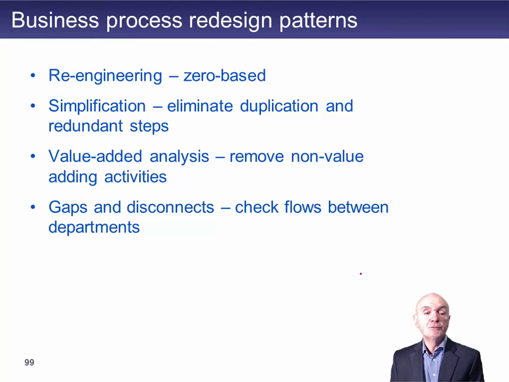Simplification: look for duplication or redundant steps. The sort of thing which is useful to look for there is that every time a piece of inventory moves between departments, really there's two people involved. Somebody has to do the dispatching, somebody has to do the receiving. Every time a piece of information is transmitted, we go through that communications process.